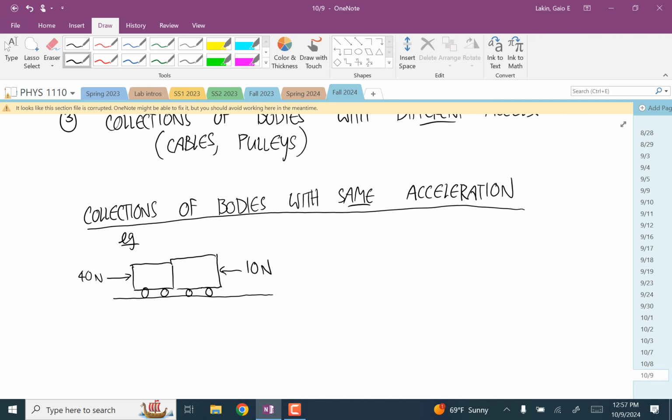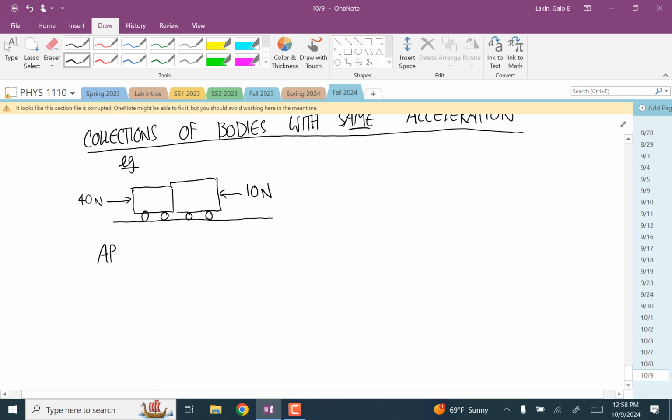And so we're going to want to calculate the acceleration of both of those. And we're also going to want to usually calculate the contact force between them. So like the force that the bigger one applies to the smaller one, and the force that the smaller one applies to the bigger one. And so this is going to be our approach. First, we're going to isolate the whole system. In this case, that would mean both of those 2 carts together.